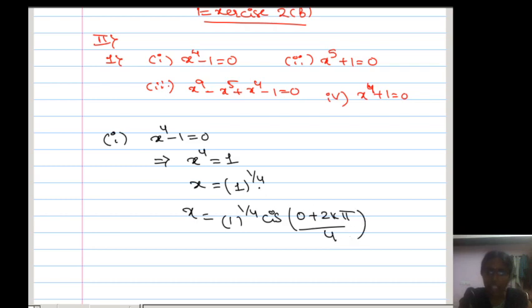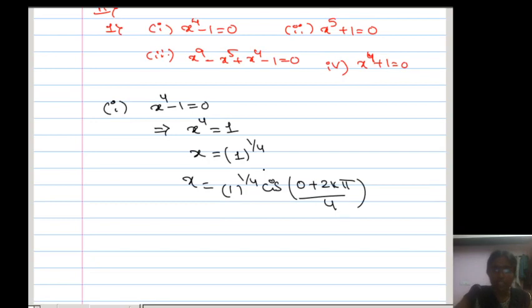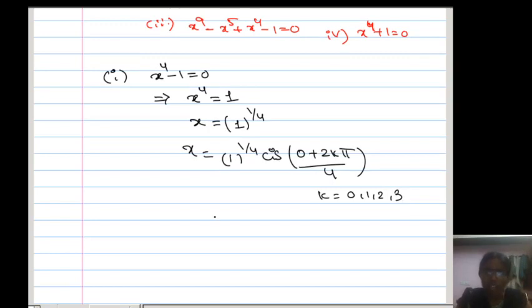Yes, because what is n here? 4. That's why. Where k is equal to 0, 1, 2 up to 3, that is n minus 1. So now what is the x value here? Cis of 2k pi by 4, where k is equal to 0, 1, 2, 3.